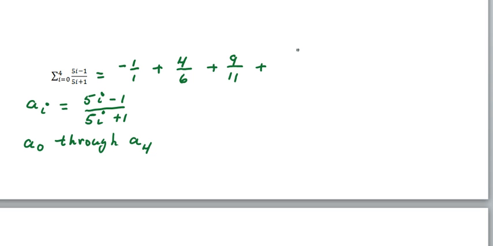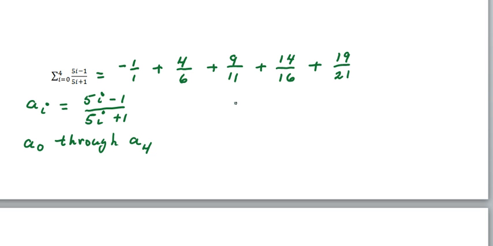When i equals 3, we'll have 15 minus 1, which is 14, over 15 plus 1, which is 16. And when i equals 4, we'll have 20 minus 1, which is 19, over 20 plus 1, which is 21.